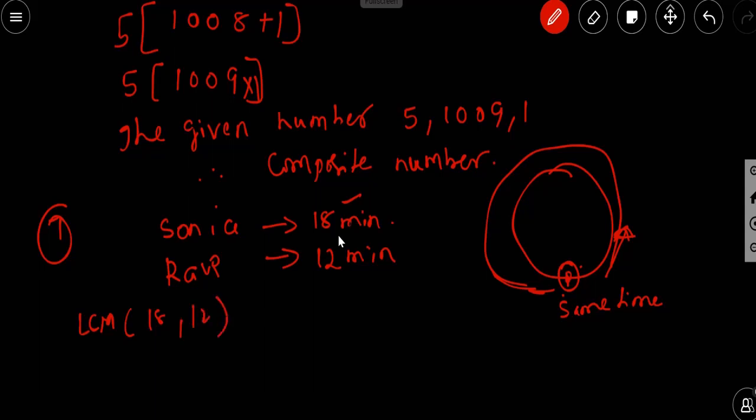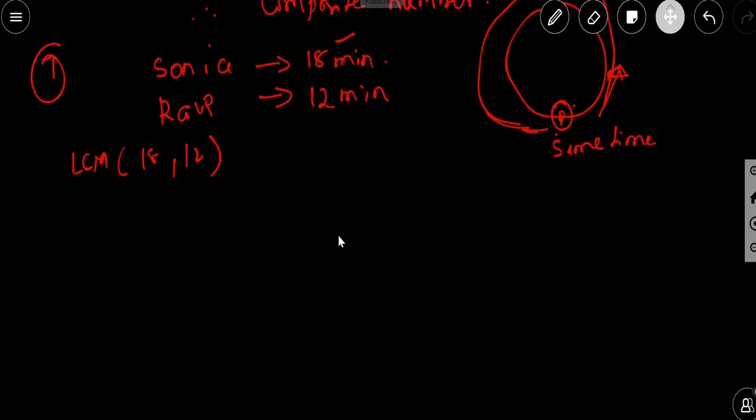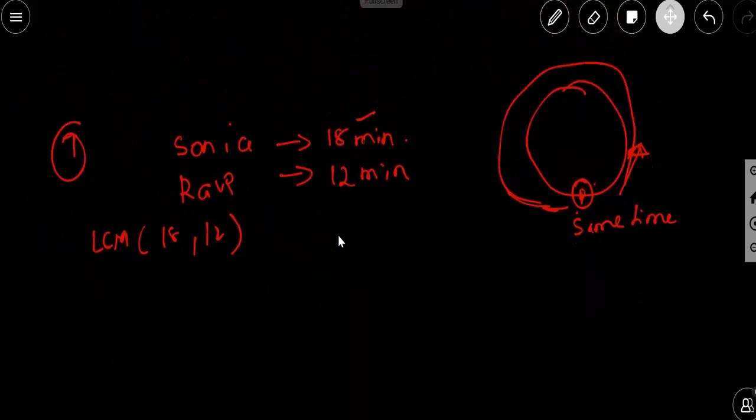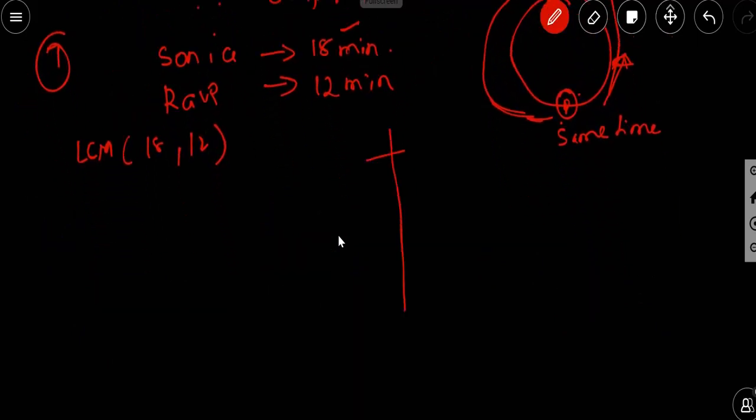First I will calculate the prime factorization. For 18: 2 times 9, 3 times 3, 3 times 1.